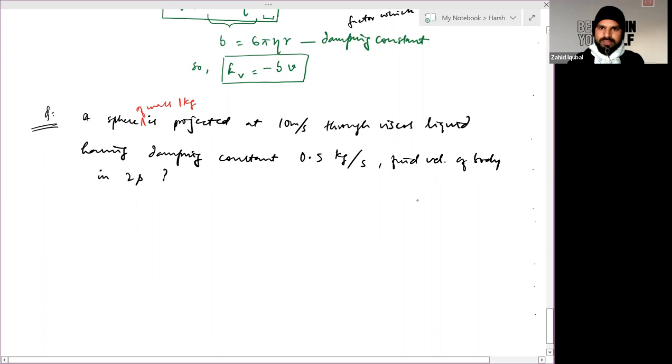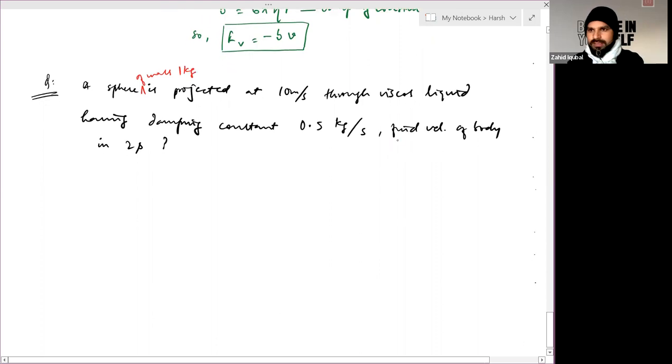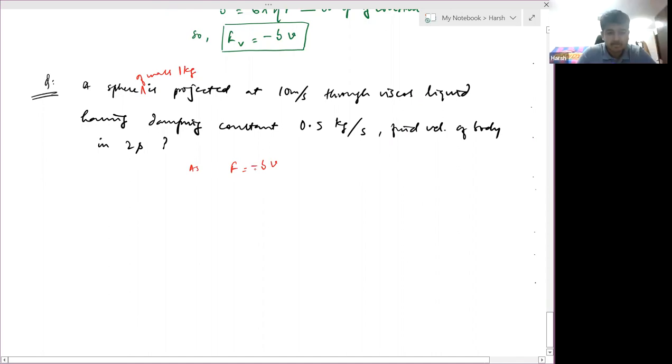Now, how to solve this particular problem? You have to calculate velocity at any instant. So let me define it. We have force, which equals B times V with a negative sign. Is it clear? Yes, sir. So we may write this force, according to the second law, as mass times acceleration.